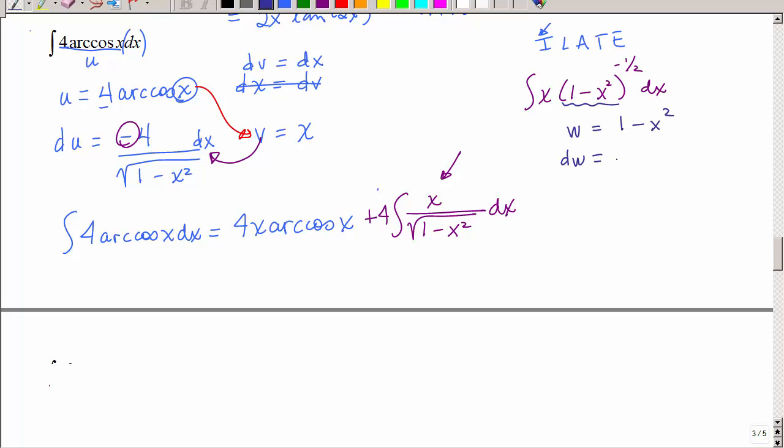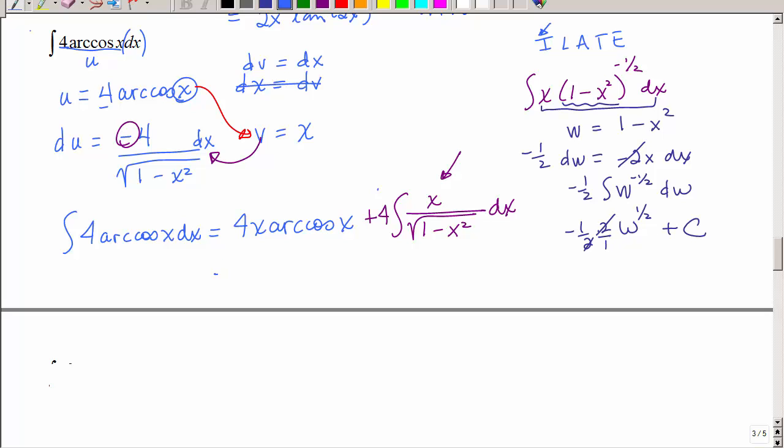So my derivative would be here, and lo and behold, I have that. So what that becomes is negative 1/2 w to the negative 1/2 power. How do you integrate that? Well, we add 1 to the power, and we divide by that or multiply by the reciprocal.